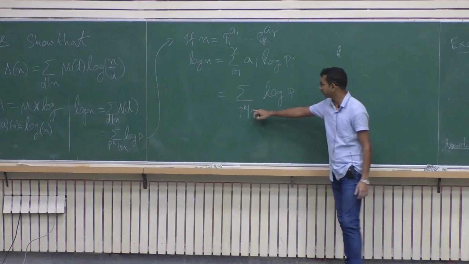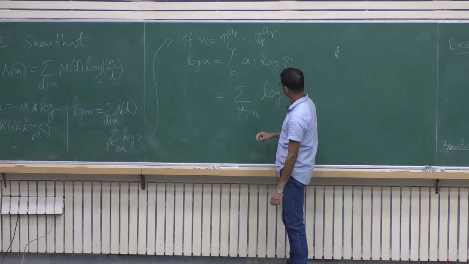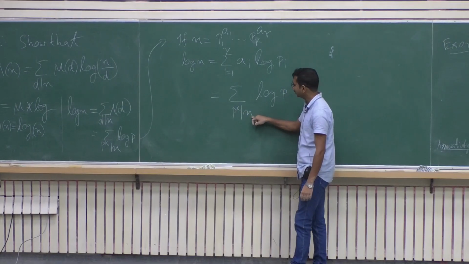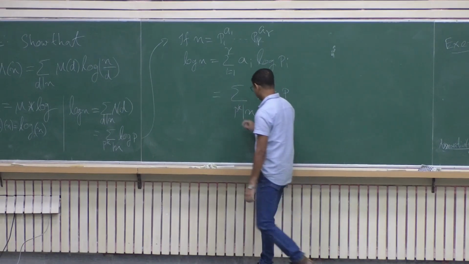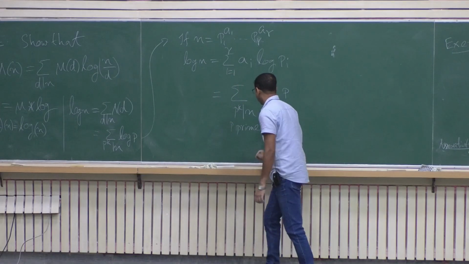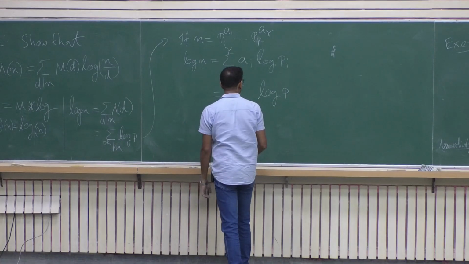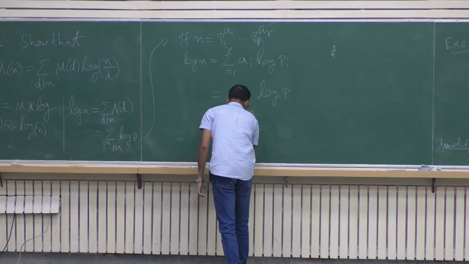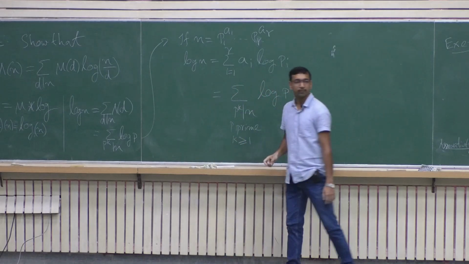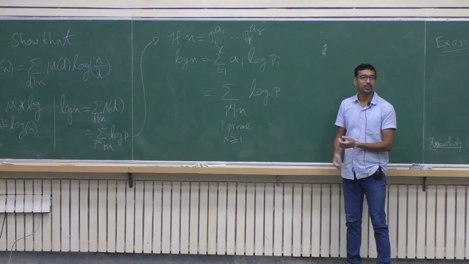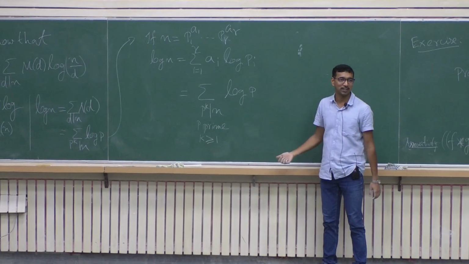The sum runs over each power of the prime p, and of course we require that k is greater than or equal to 1. Otherwise we will have log p contributions from primes which are not dividing this.